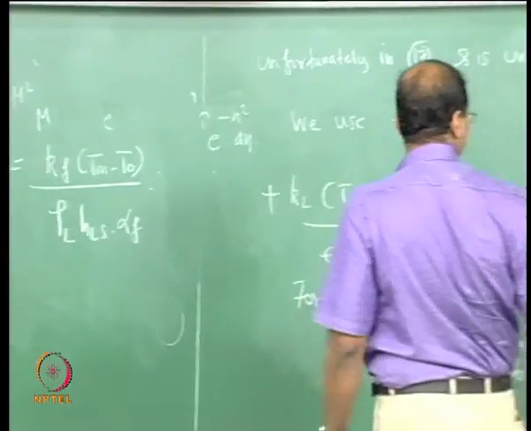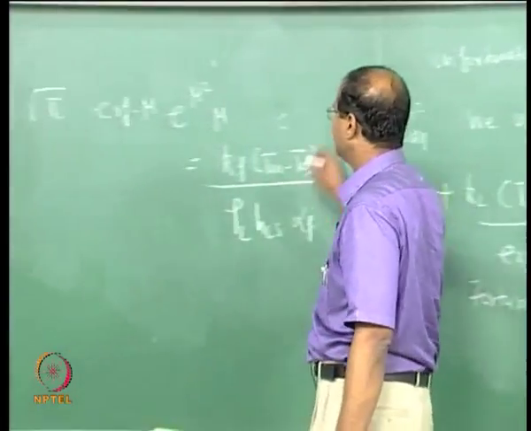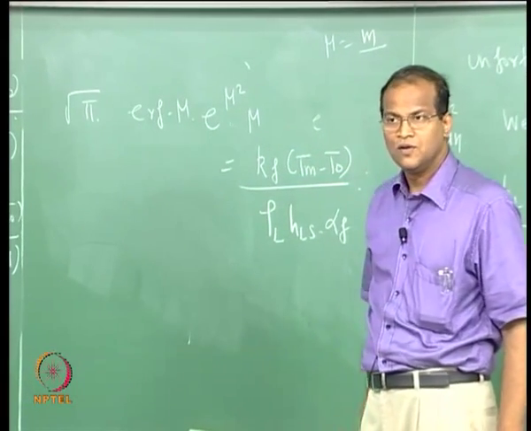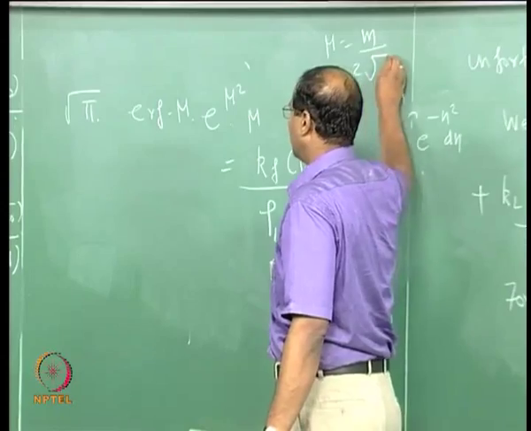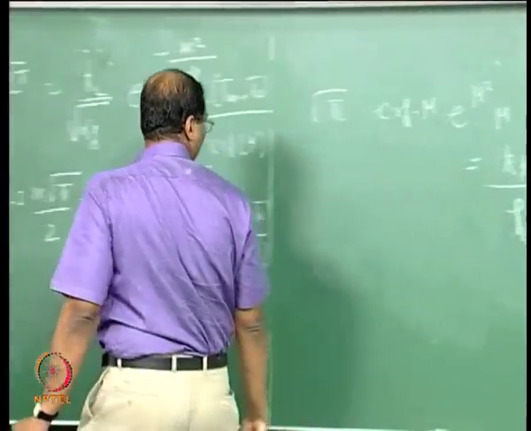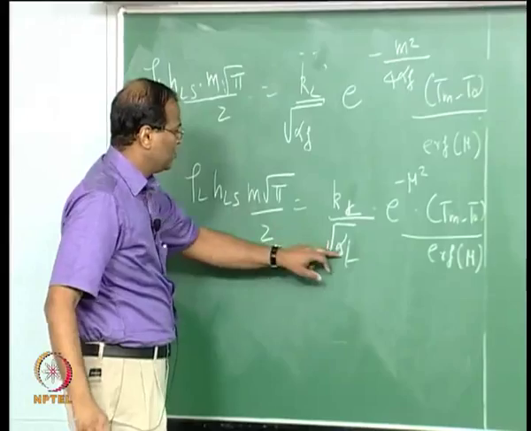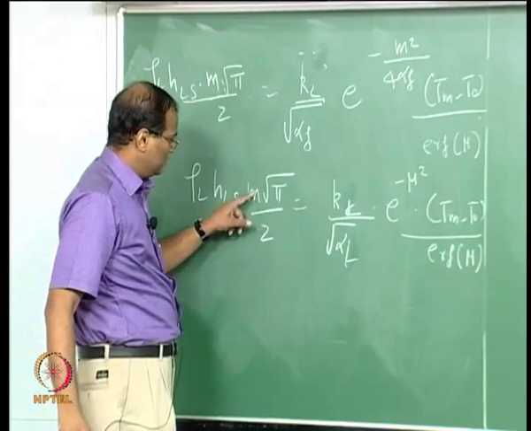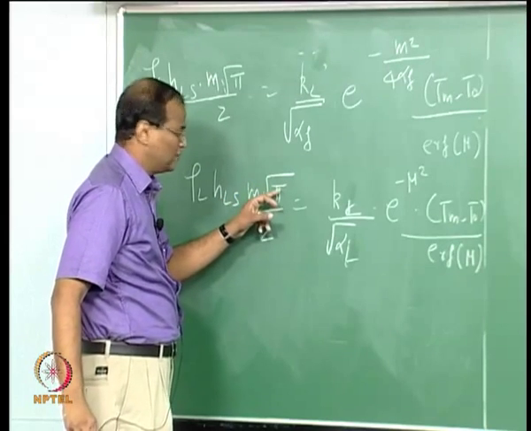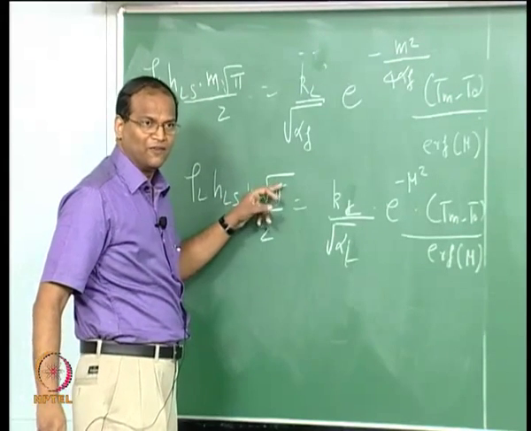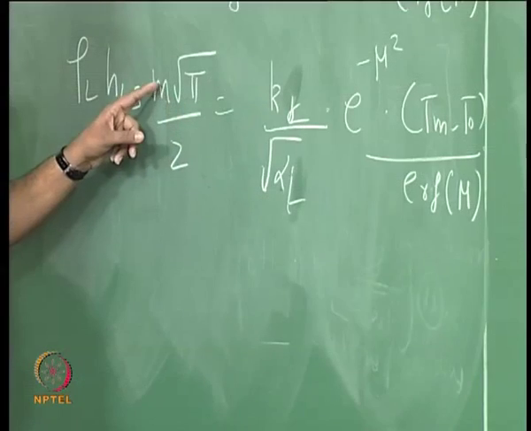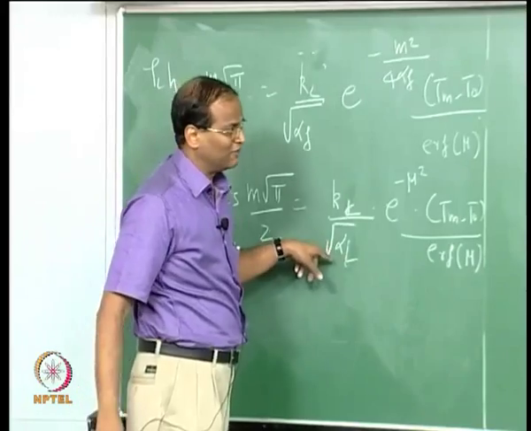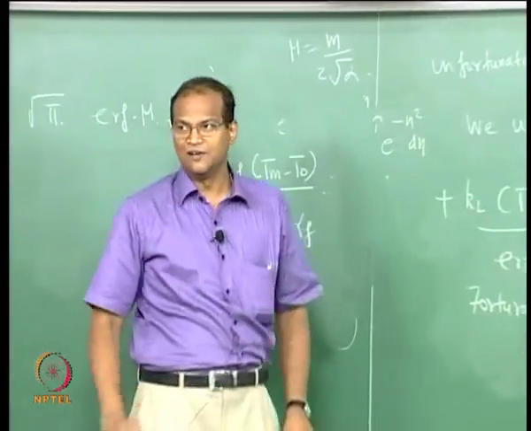What is mu? M by 2 root alpha. If I substitute in the denominator and numerator, this m root alpha by 2 becomes mu, root alpha into root alpha becomes alpha, that alpha L remains here.